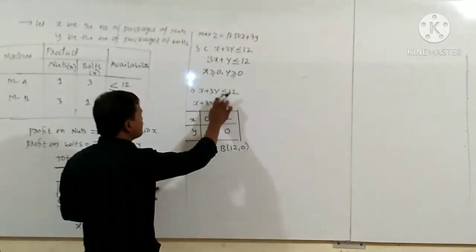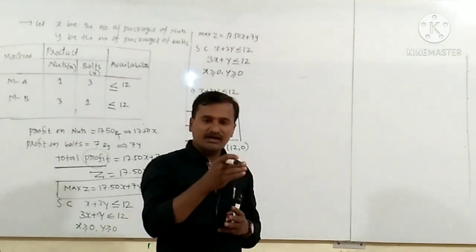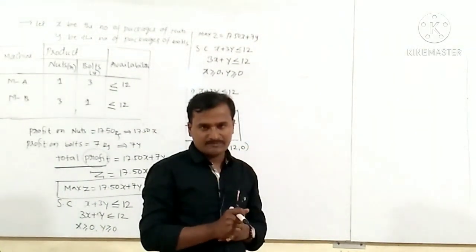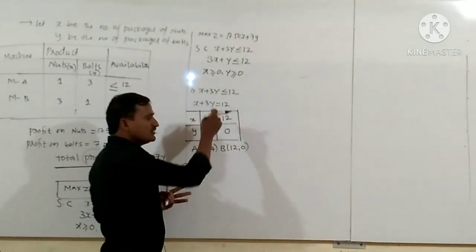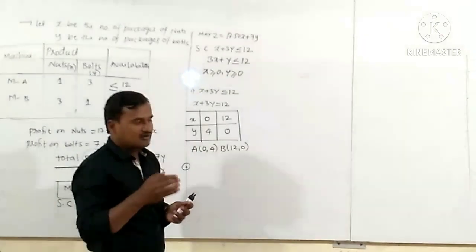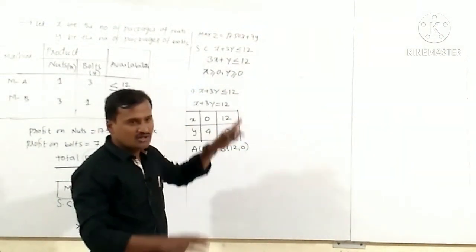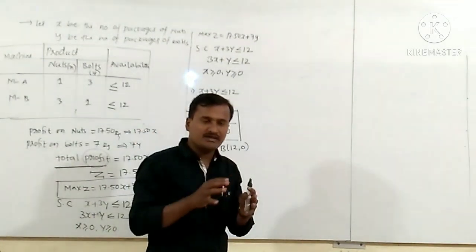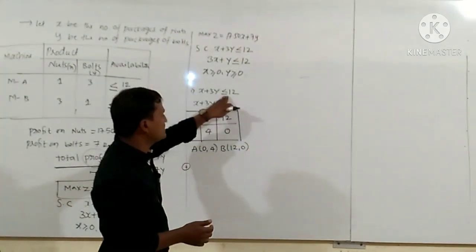So if it is less than or equal to, then you always shade the region towards the origin. You have studied that in first year. Why are we shading towards the origin? Because if you shade this inequality towards the origin, whatever points are there below that line satisfy this inequality.